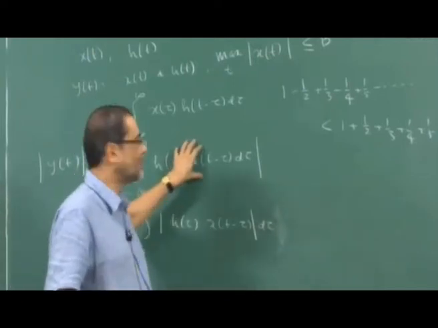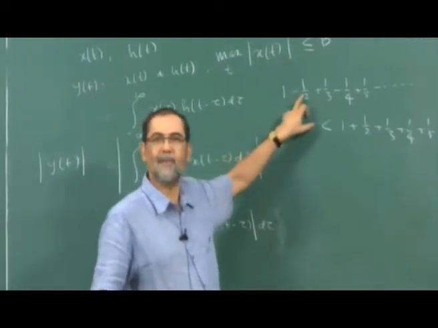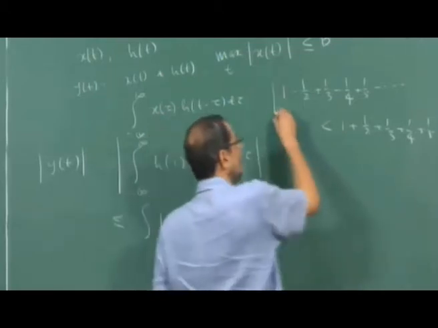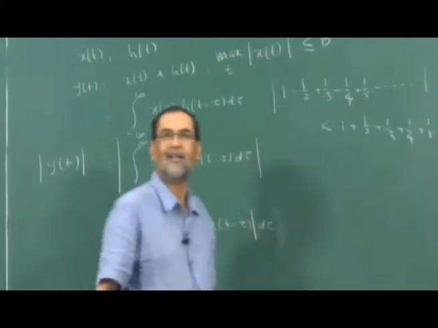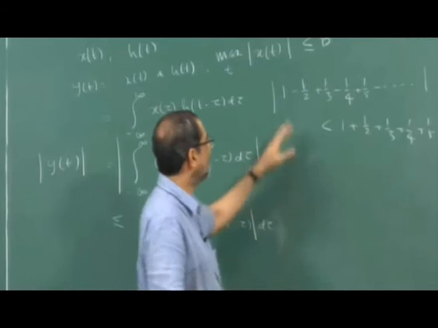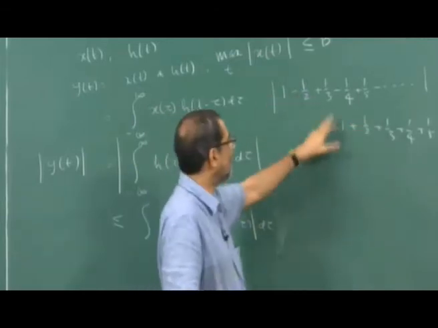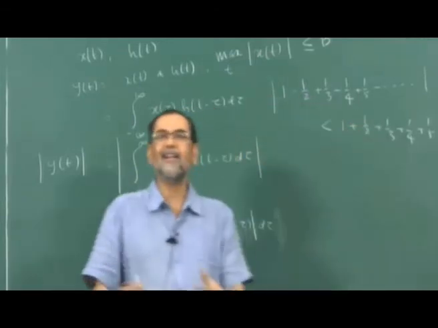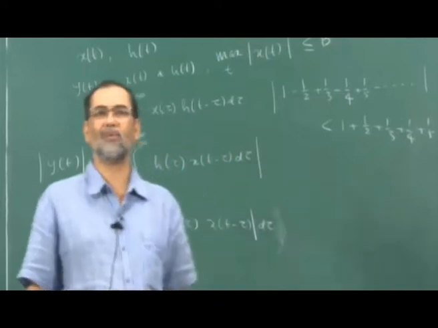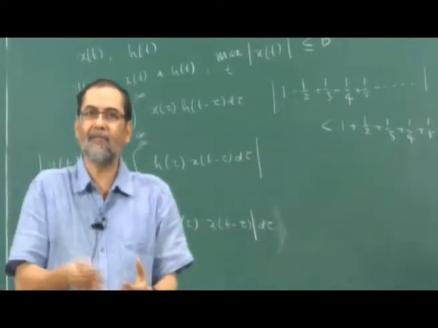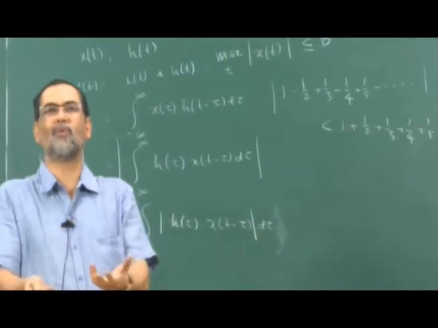In the first integration, some terms can be positive, some can be negative, and I am taking the absolute value outside, and that is less than the sum of individual absolutes, because when I take the sum of individual absolutes, I am adding up only positive numbers.